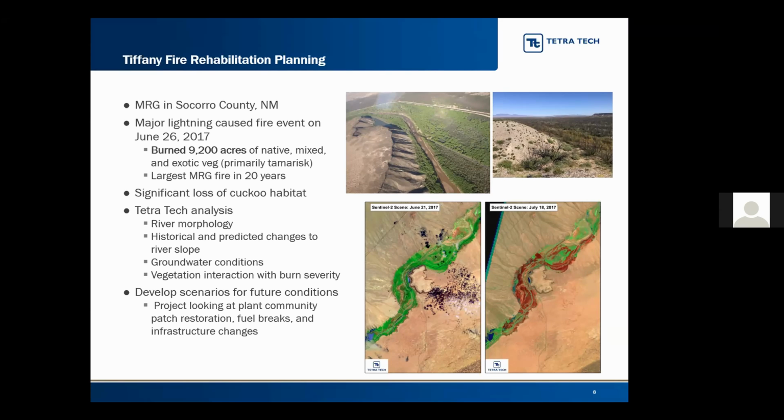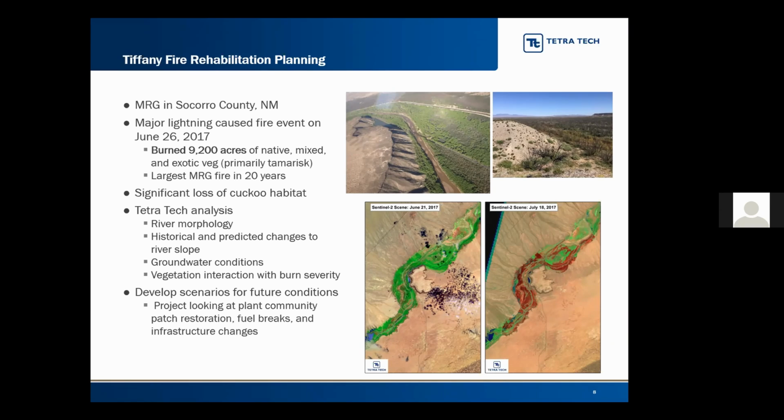And it was a really cool project for us at Tetra Tech because we were able to wield all of our team's skills to perform a suite of analyses from the ecological side and then getting into the hydraulics and hydrology. So really getting into this eco-hydrological framework to really understand what was happening at this site and understand the challenges at this site. So at the lower right there is the Sentinel scene prior to the fire on June 21st, 2017.